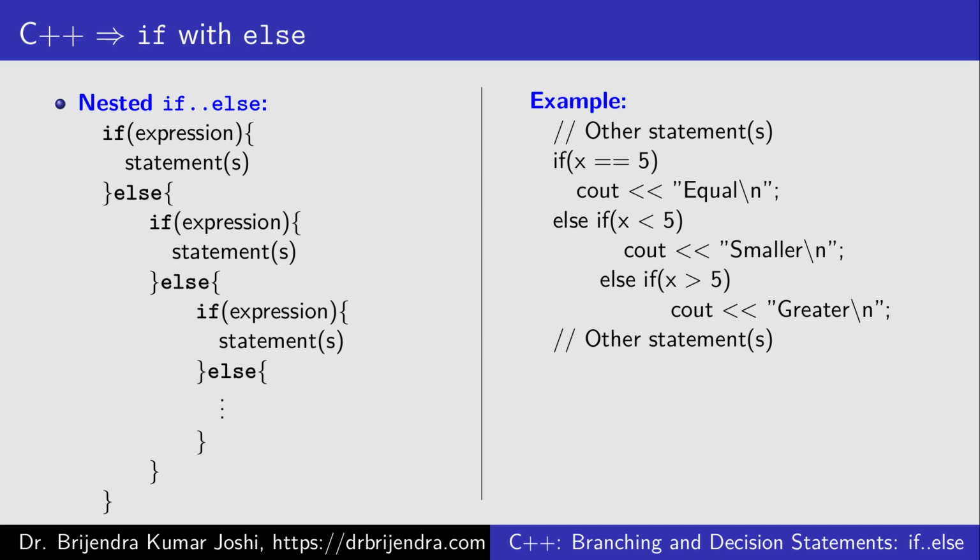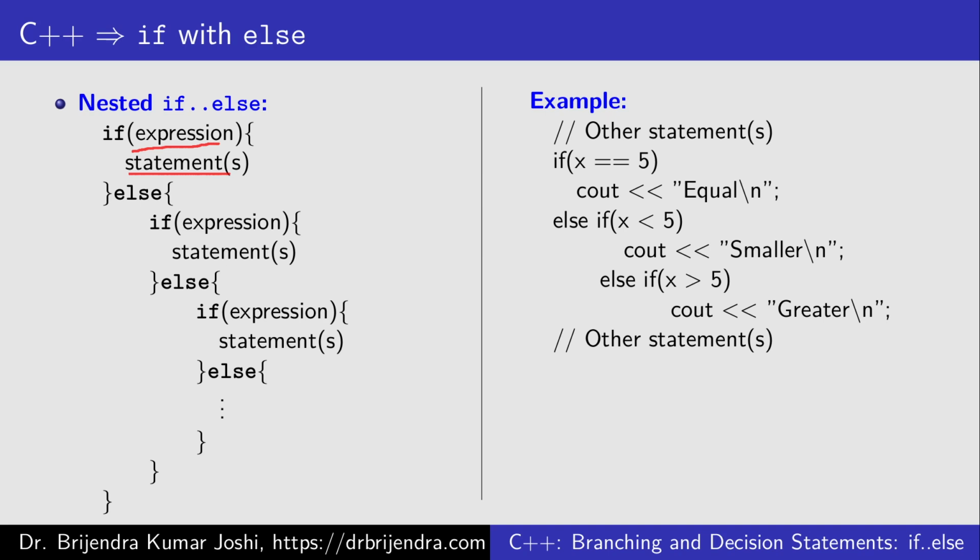Now nested if else. So here if expression, it may have a single statement or multiple statements, then else, and inside the else block you can have if. Inside this if we can have another if else. In else we can have if else. Inside this else we can have if else.